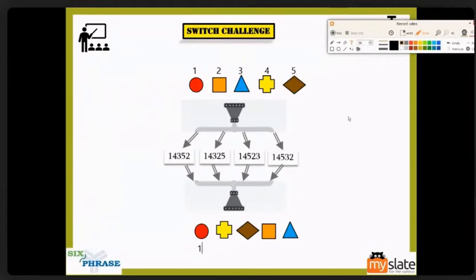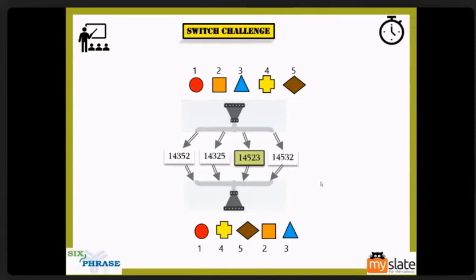The circle will give you 1, and the plus sign is at 4. This is at 5. This is at 2, and this is at 3. So this is the correct answer, guys. 1 4 5 2 3. You can see 1 4 5 2 3 is the right answer.